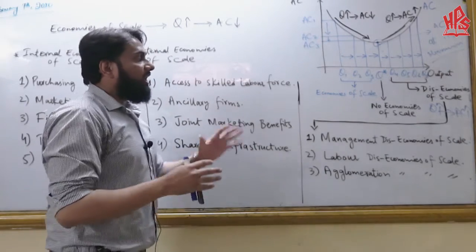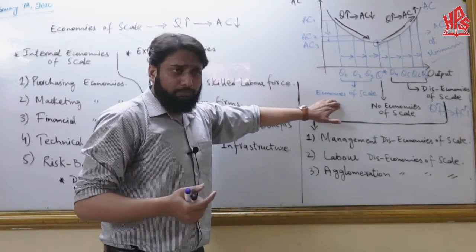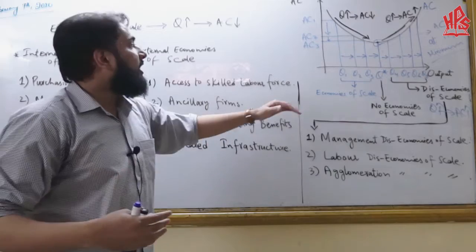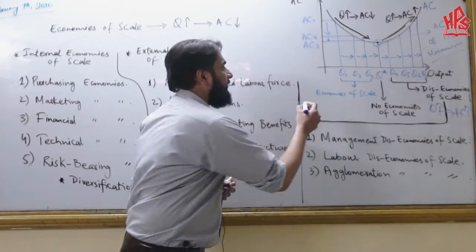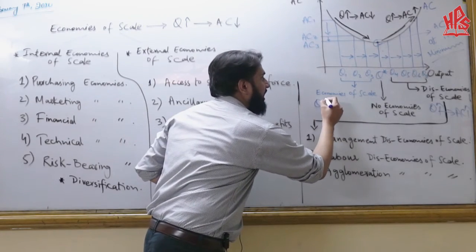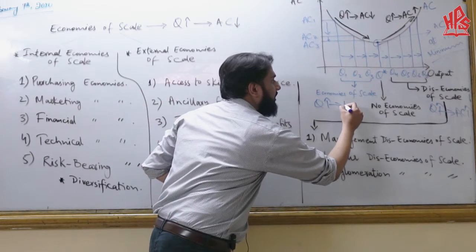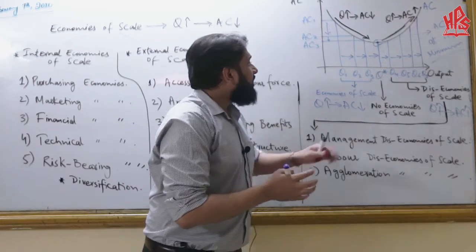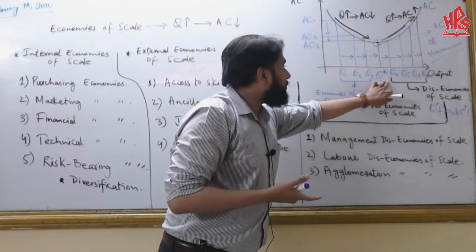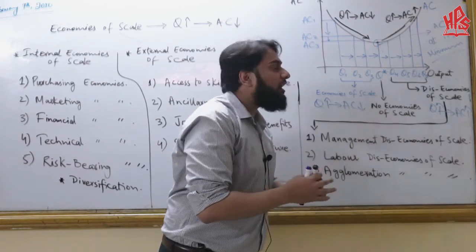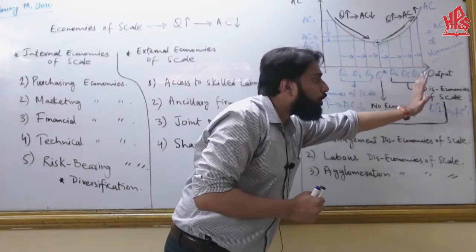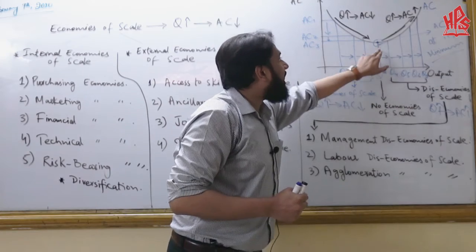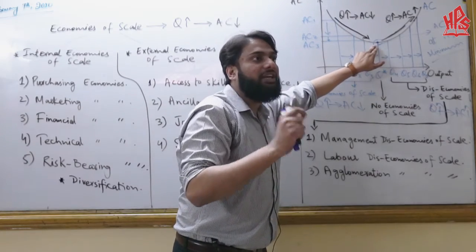So overall, I summarize this concept. In economies of scale, if we increase our quantity, that reduces average cost. At Q star, we do not have to move forward or backward, because at Q star our average cost is at its minimum.